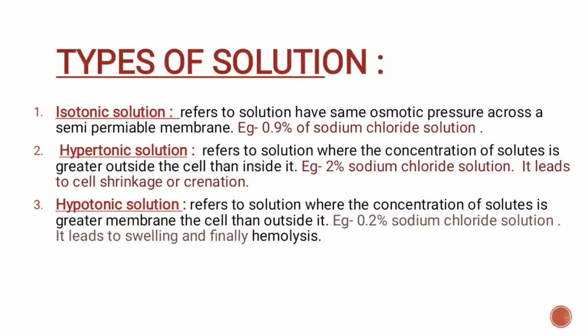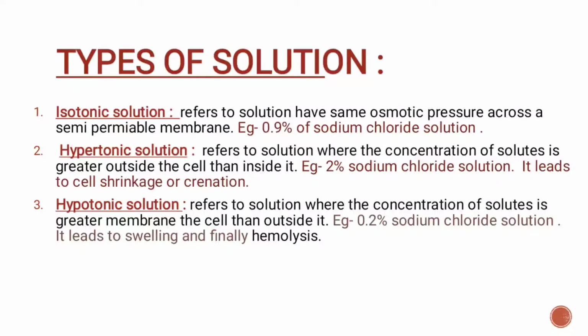Here are the types of solution. There are three types of solution: isotonic, hypertonic and hypotonic solution. First one is isotonic solution. It refers to a solution having the same osmotic pressure across a semi-permeable membrane. Example: 0.9% sodium chloride solution.